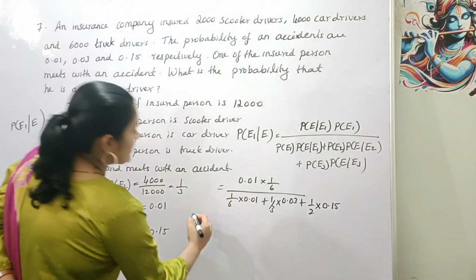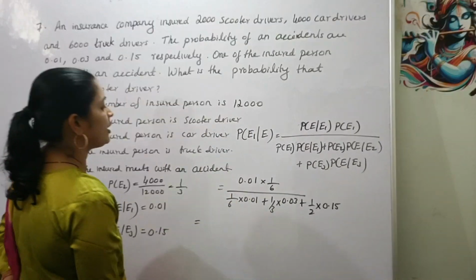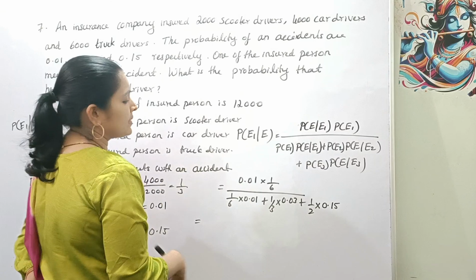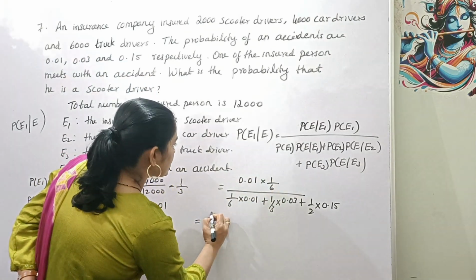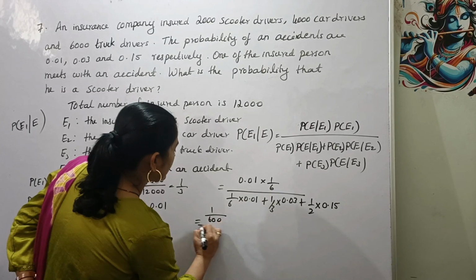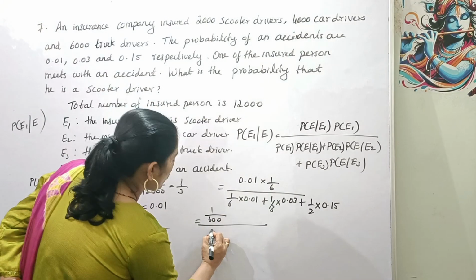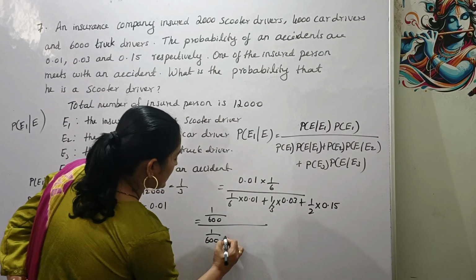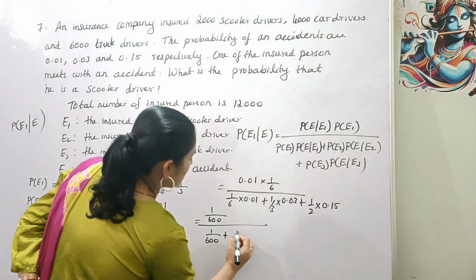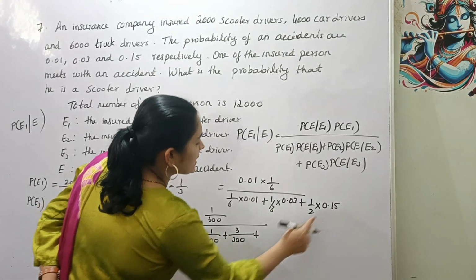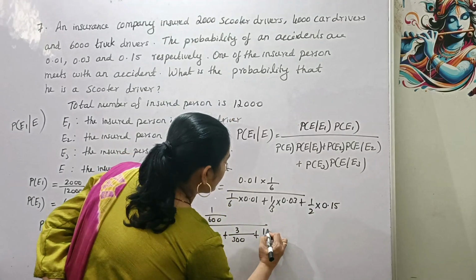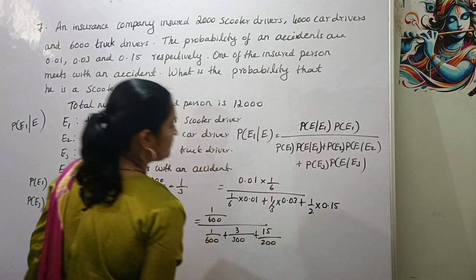Okay. That is equal to, here let's cancel these decimal points. So multiply 100 here, that is 1 by 600 divided by, here also 1 by 600 plus here 3 divided by 300 plus here 15 divided by 200.